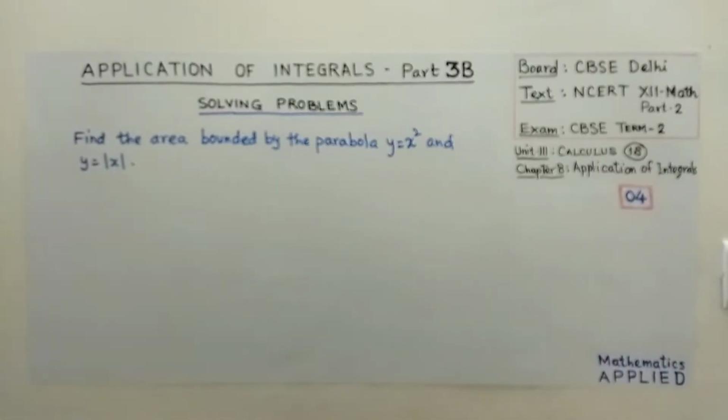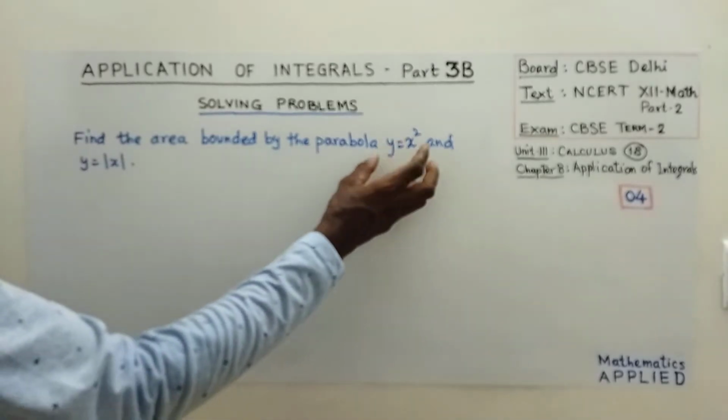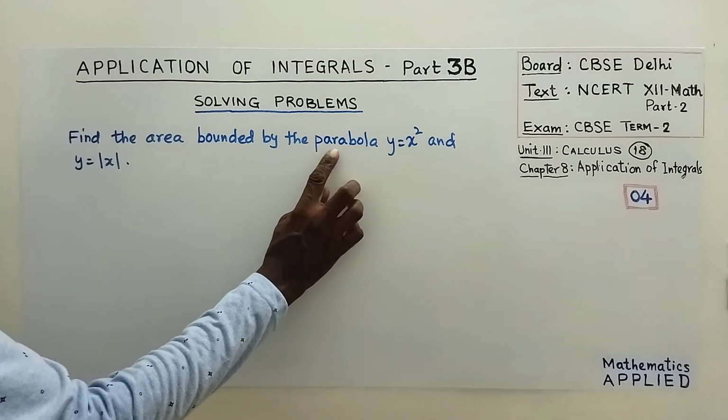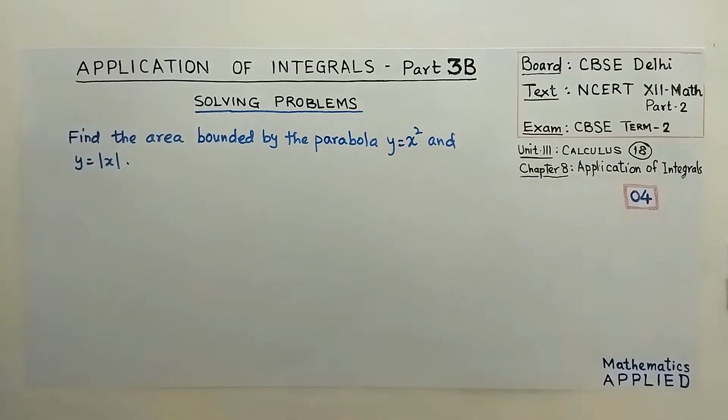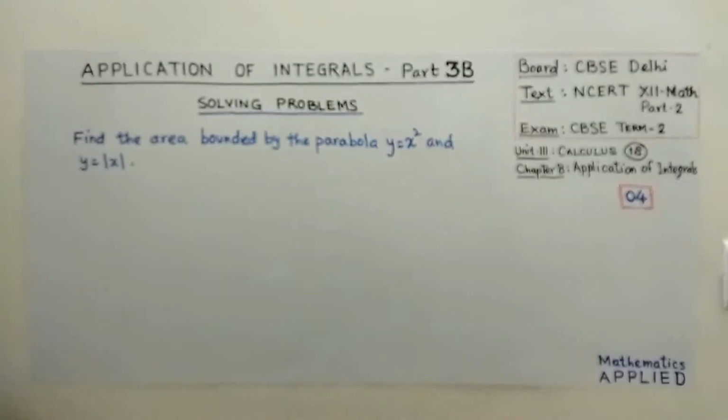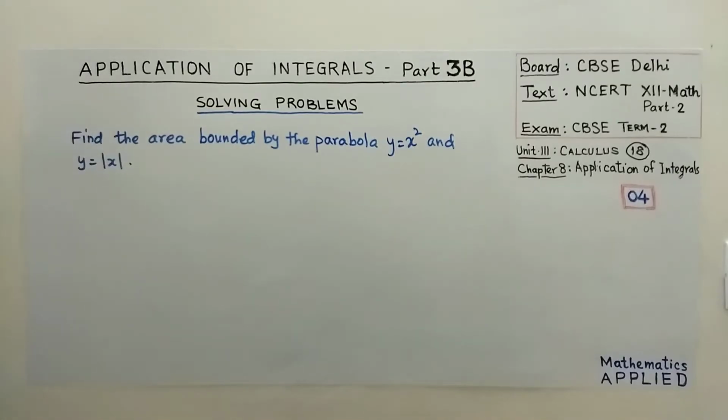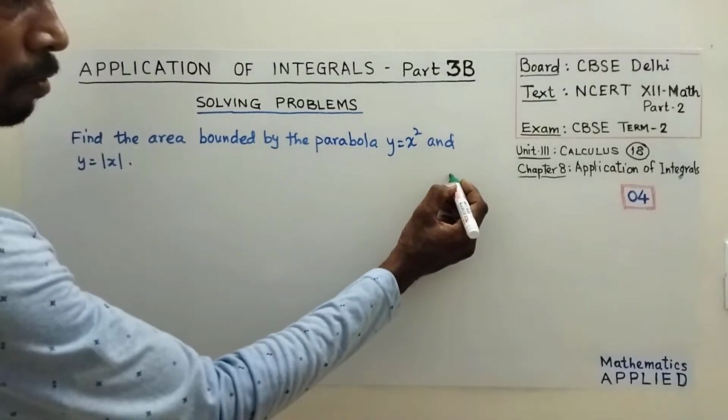Here is another problem. Find the area bounded by the parabola y equals x square and y equals mod x. So y equals x square is a parabola, they have given the name also. So you need not panic, this equation is referring to a parabola. Now what you have to know is how to draw this parabola: it is open on the upper side, on the upper y axis.